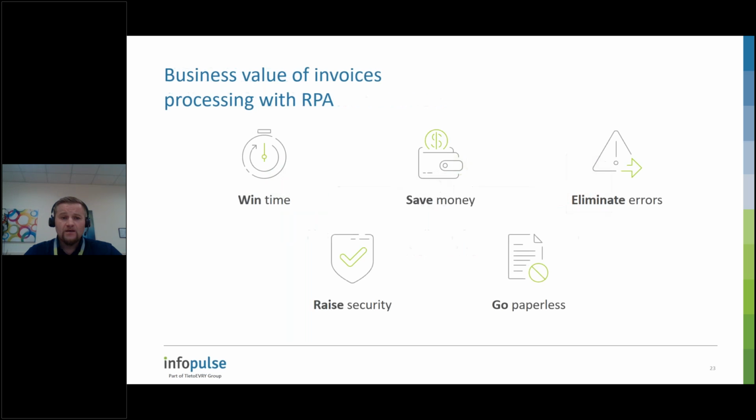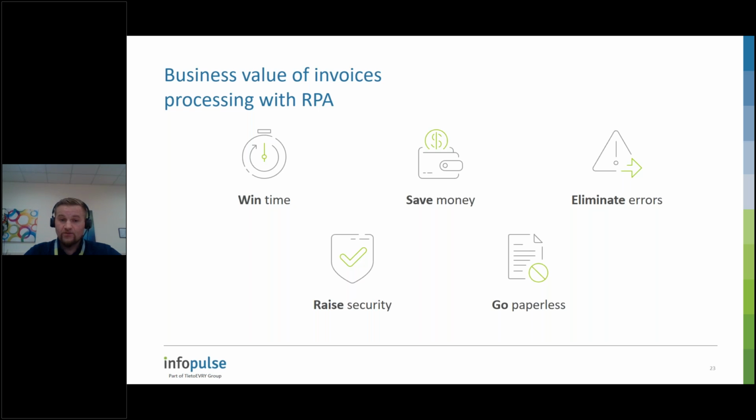But in both cases, what we will have is we will win time, of course, save money, and eliminate possible errors. As I said previously, it's due to the human factor.